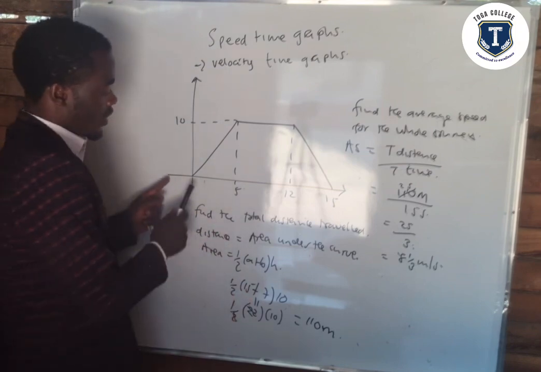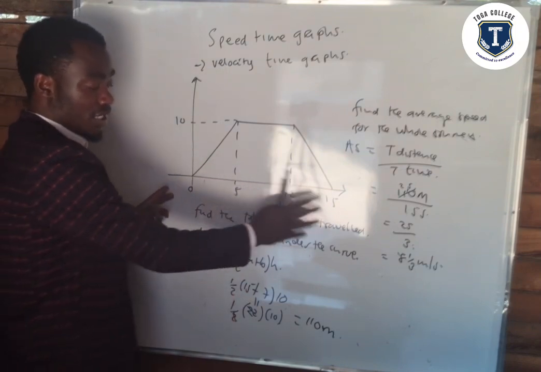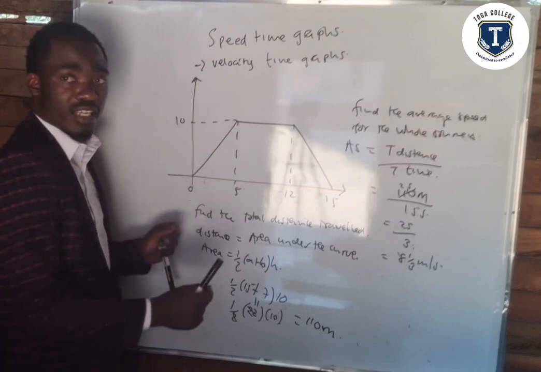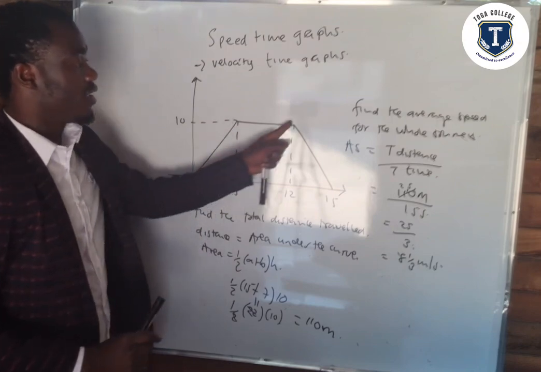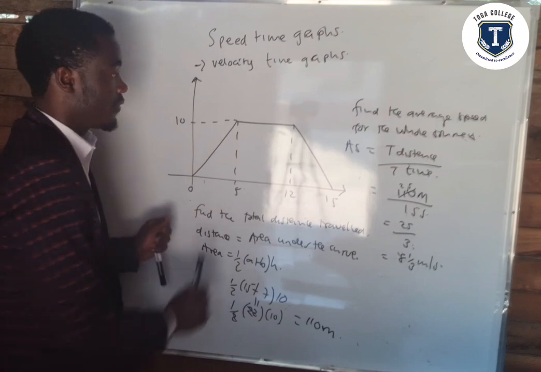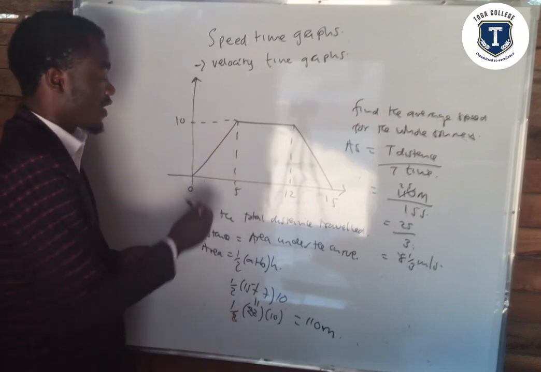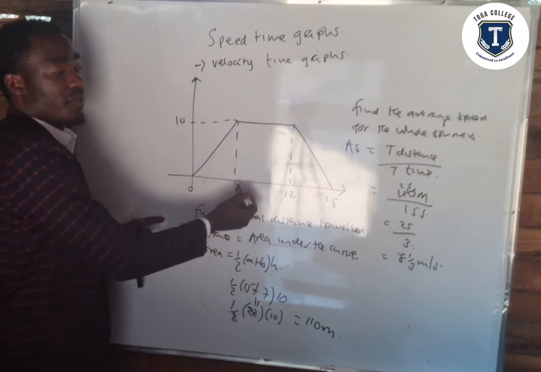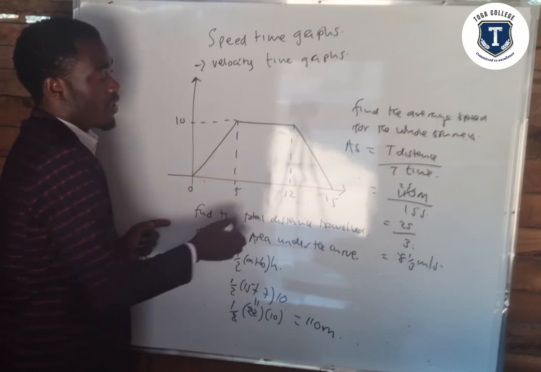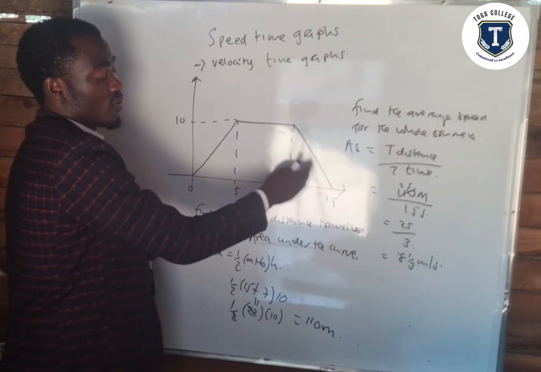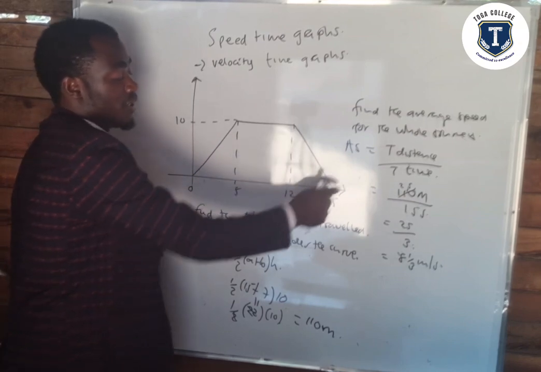So I said we have a diagram like this. This part here we call acceleration, right? This part here we call deceleration. This part we call constant speed. If you want to find the acceleration here, you say change in speed over change in time. If you want to find the deceleration here, you also say change in speed over change in time.